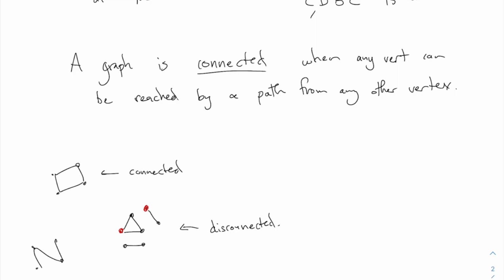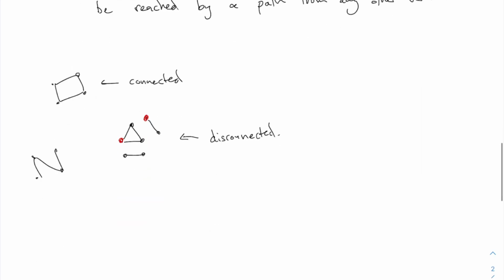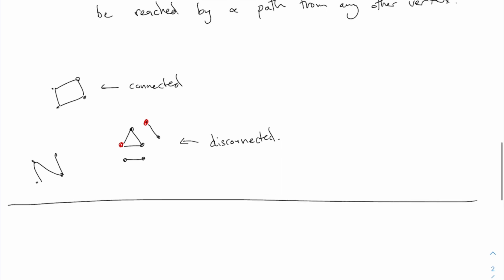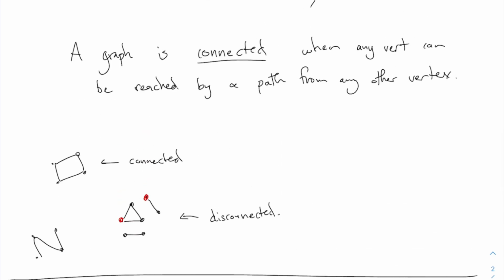Okay, these are all basic terminology just so that we can start talking about examples of graphs. You can actually use graphs to model all kinds of real-world situations, all right?